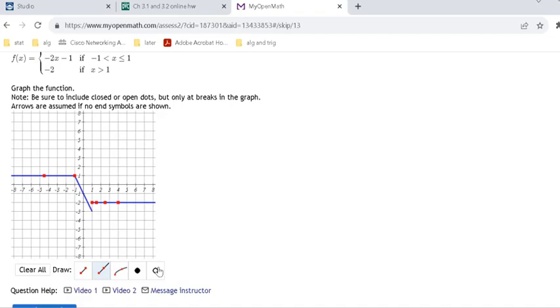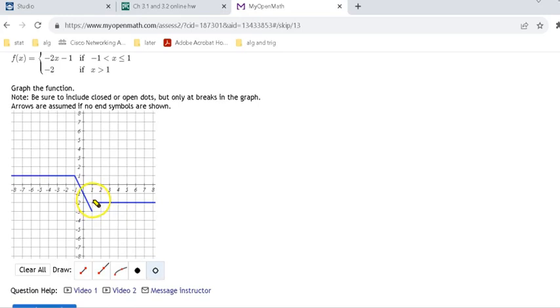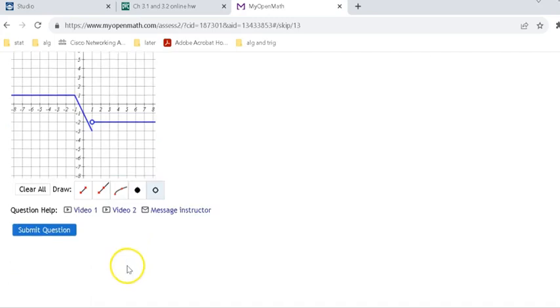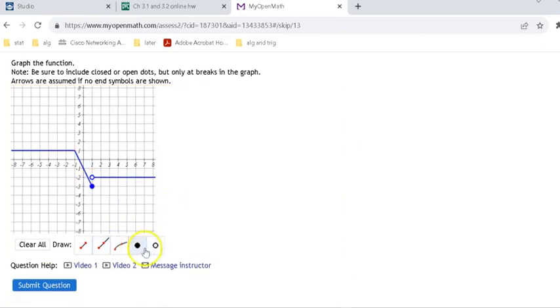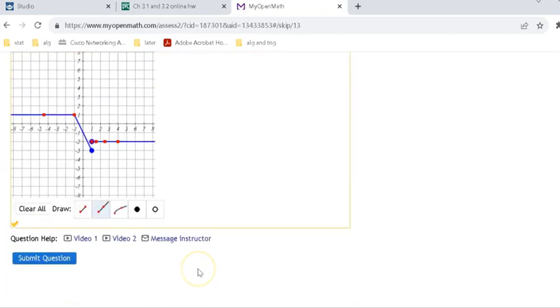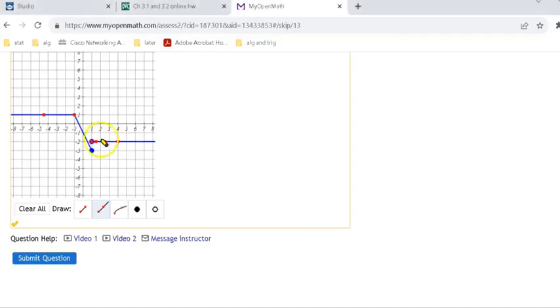I think that one is solid. This one is open. Yeah, this is solid. Oh, okay. I think maybe I should dot this one. Negative 2, 1. What is negative 1? 2 minus 1 is 0, 1, 2, 1. I think this is fine.